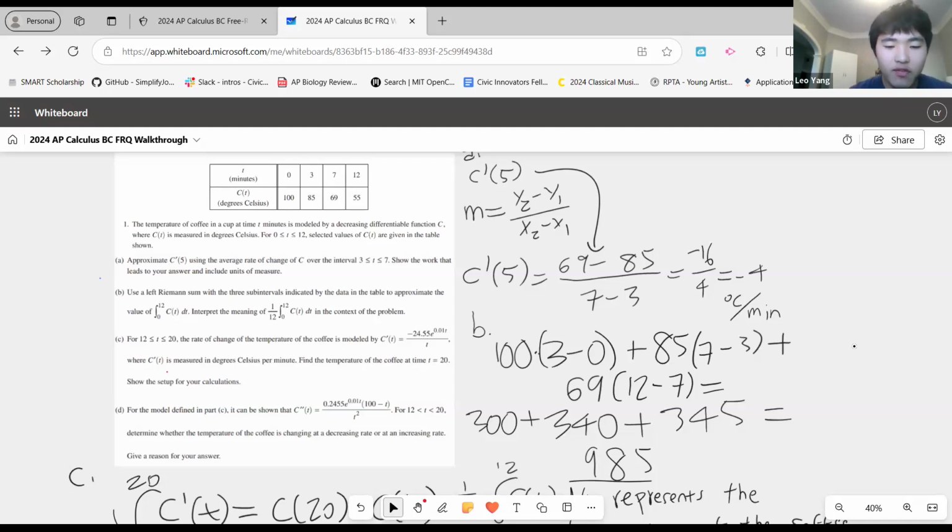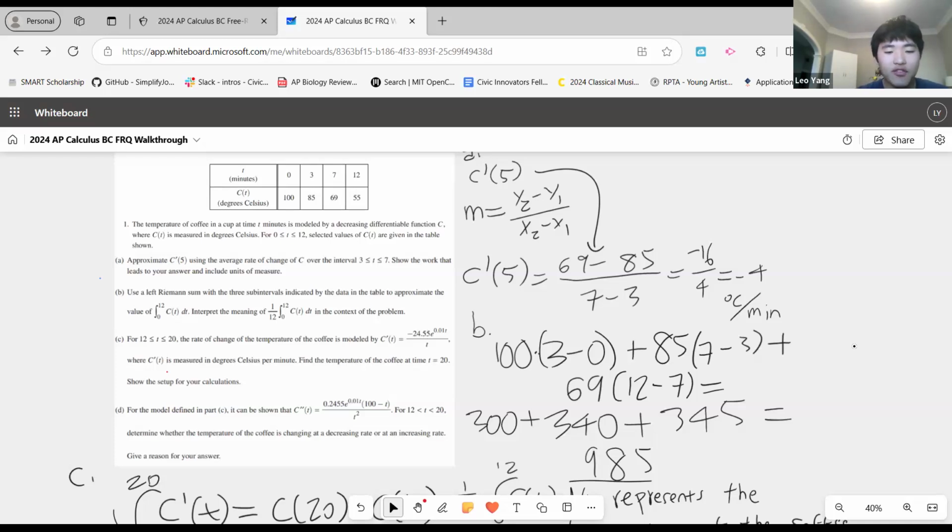So like if the derivative was decreasing, like the slope was going from -5 to -6, -7, that would be a negative second derivative because the slope is decreasing.